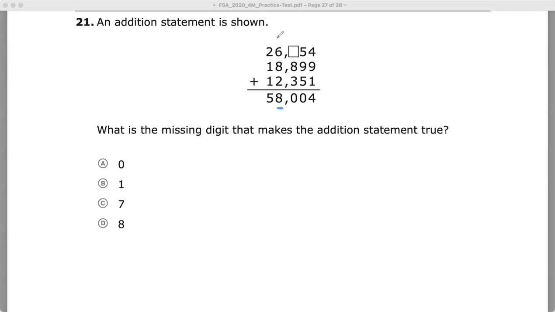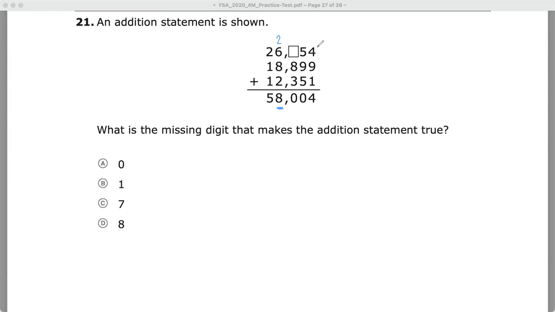So I know that I'm carrying a 2 to get to 8 here. So that's one clue. Whatever this is has to add up.